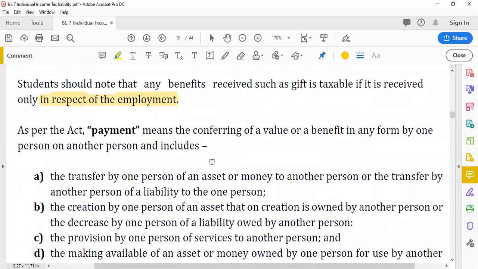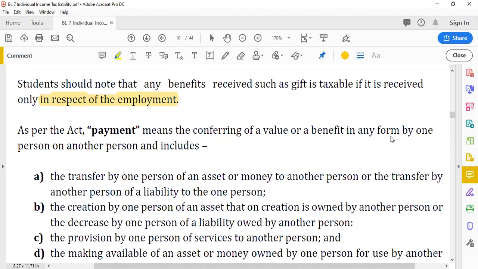The same police officer has got married. Many people, his relatives, give him a gift at his wedding. Is that income or not? Legal or not legal is not the matter.